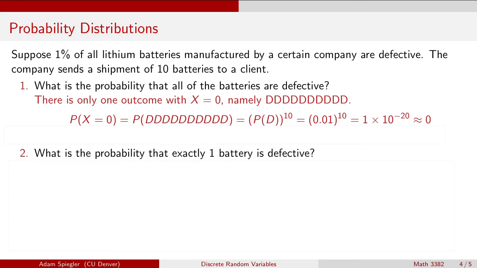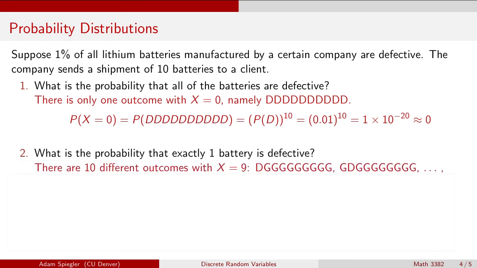If we wanted to calculate the probability of getting exactly one defective battery, this is a little bit more complicated than the previous two because there are 10 different outcomes in our sample space that have 9 Gs in it, right? We could have the first one be D, and then 9 Gs after that.